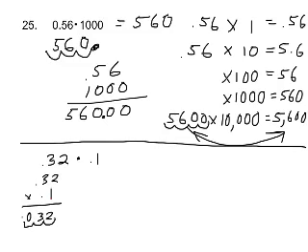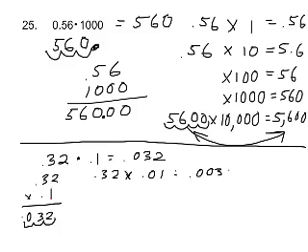So multiplying 0.32 times 0.1, we move the decimal place 1 time, and we have 3 decimal places, 0.032. If we multiply 0.32 times 0.01, well, the answer would have 4 decimal places, 0.0032, and so on.